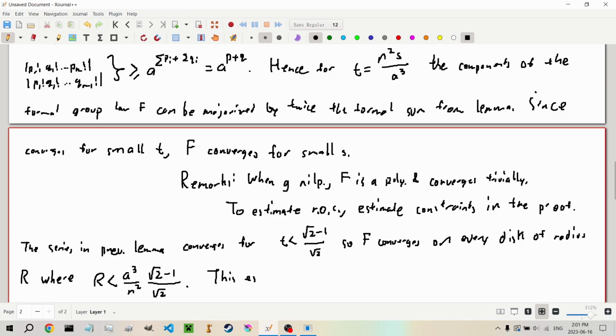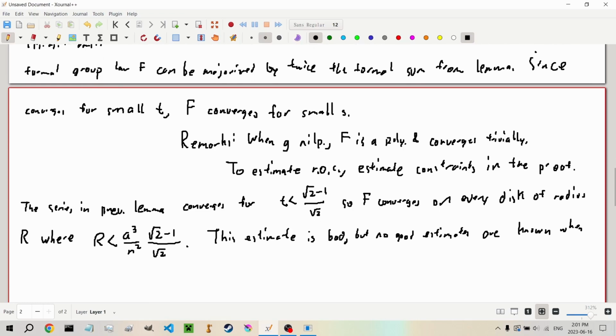This estimate, it says here, is bad, but no good estimates are known when k is real or complex.